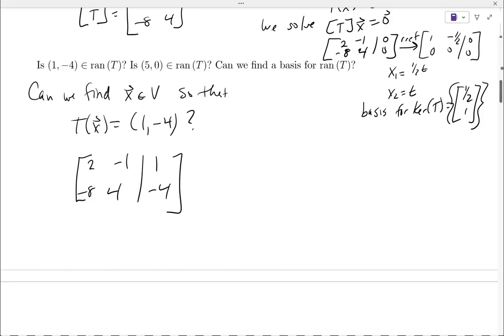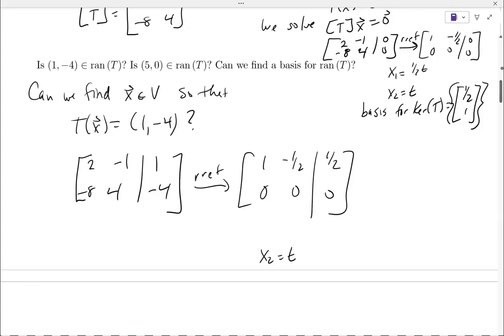Looks like we can, because again, we already noticed that this row is -4 times the first row, and that's -4 times that, right? So if you do your reduced row echelon form here, you would end up with 1, -1/2, and 1/2, 0, 0, 0, right? So again, our solutions here, you'd have an x2 as t. Your x1 in this case would be 1/2 plus 1/2 t, right?